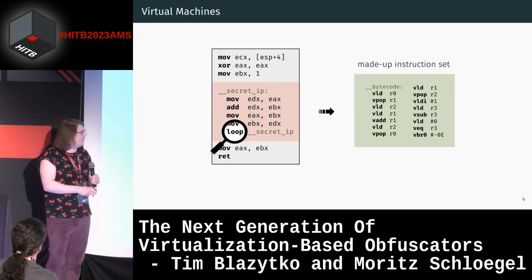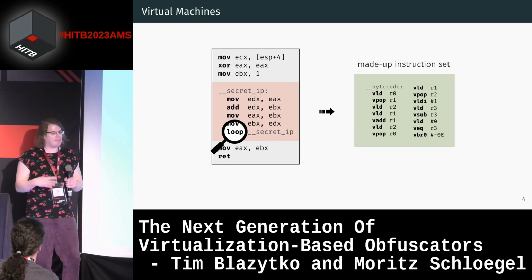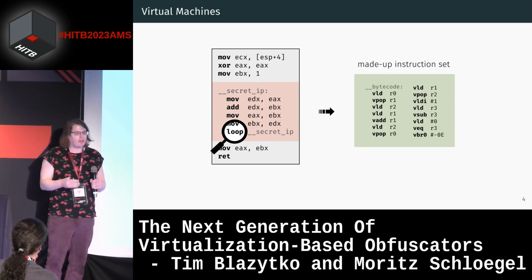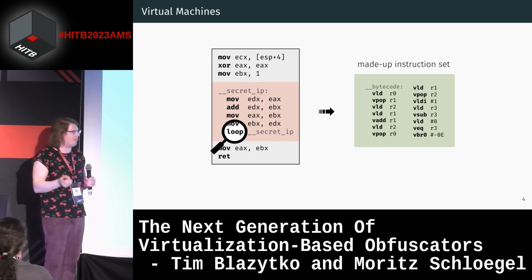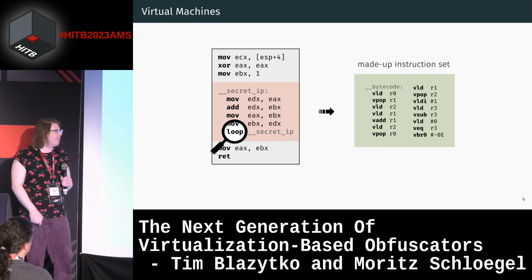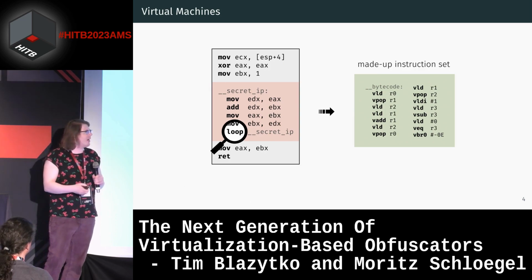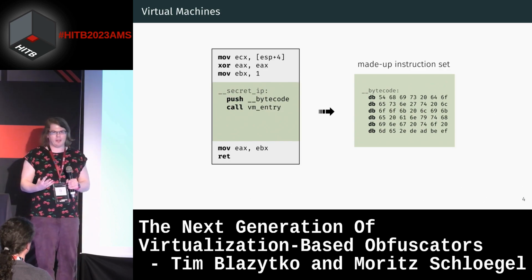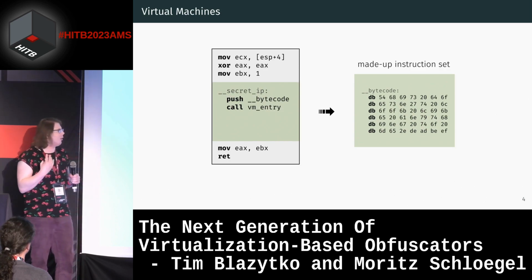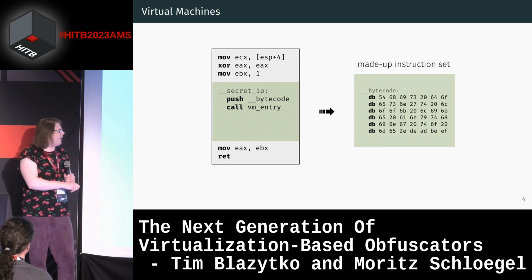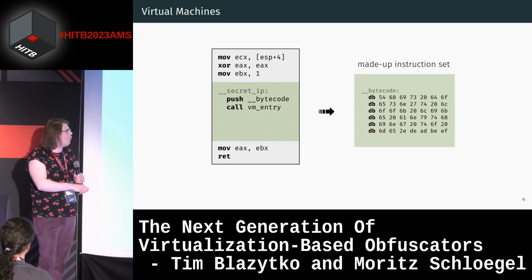Now think about how code is represented in binaries: as data which has some meaning for the hardware, like x86. For software, it's comparable. This made-up instruction set is just encoded as a sequence of bytes, which is of no use to us reverse engineers. Then we replace the original code with a pointer to a bytecode, where this bytecode represents the original code.